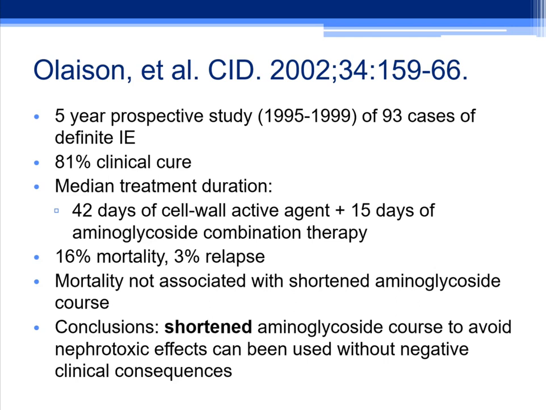So this study was really to show that we can give this synergy combination up front and actually limit the amount of overall time we have to give the aminoglycoside. So traditionally with endocarditis, we know that we're giving a prolonged course of up to 6 weeks or beyond, and for the aminoglycoside, we can now limit it to a 2-week course.